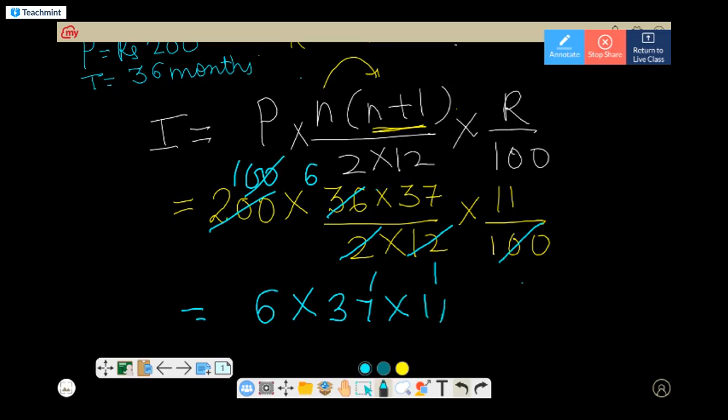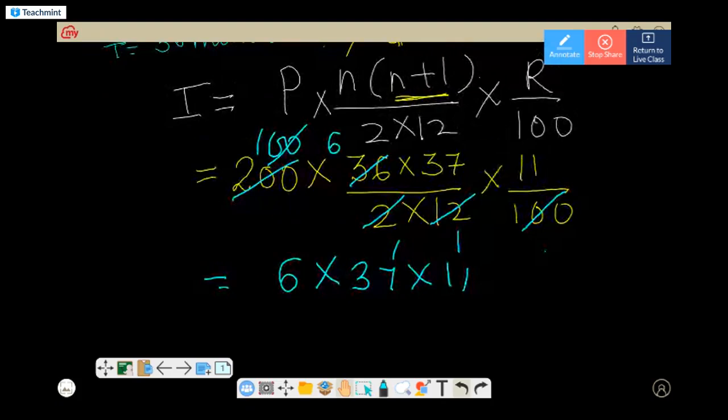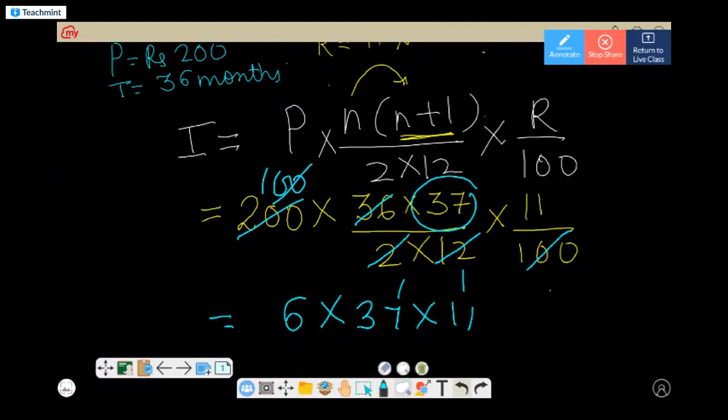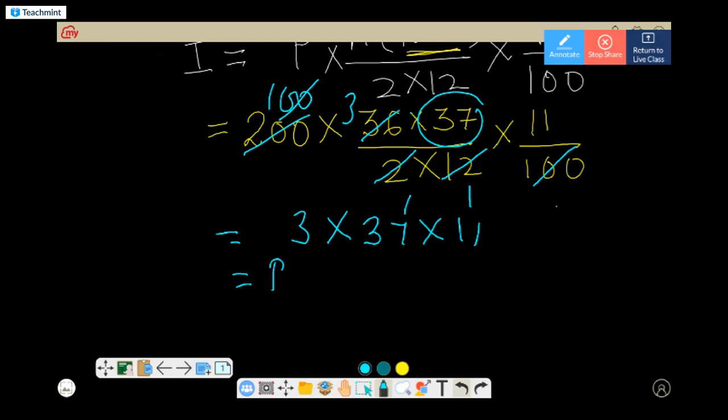Ma'am, it should be 3, right? 37, no? Ma'am, this number, 12 threes are 36, no? Sorry, this is 36, 6. Yes, that will be 3, 37 and 11. Yes. So multiply them and get the interest first.